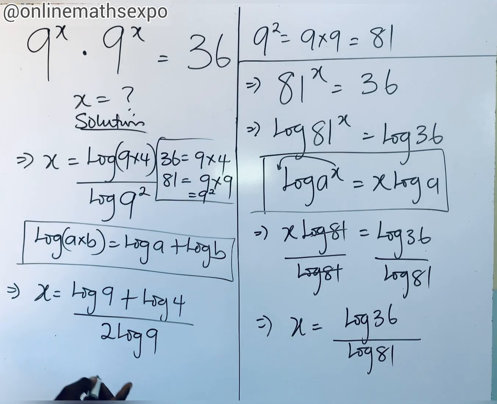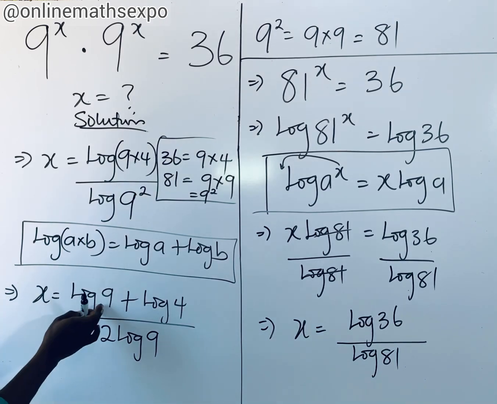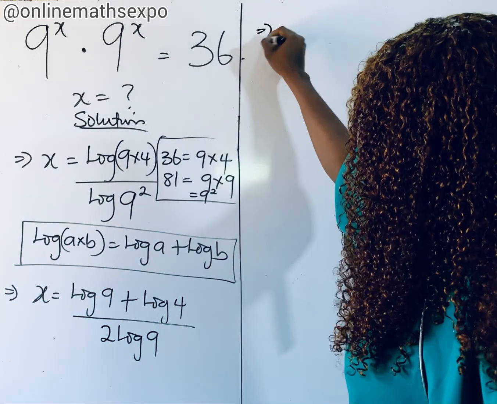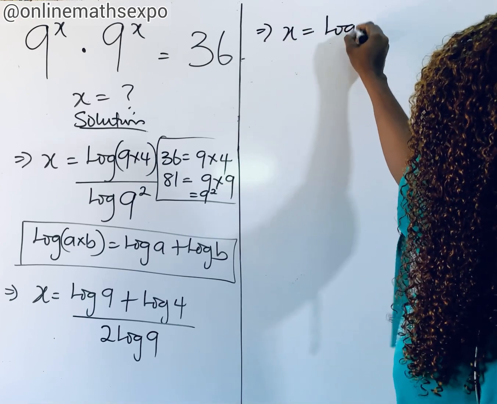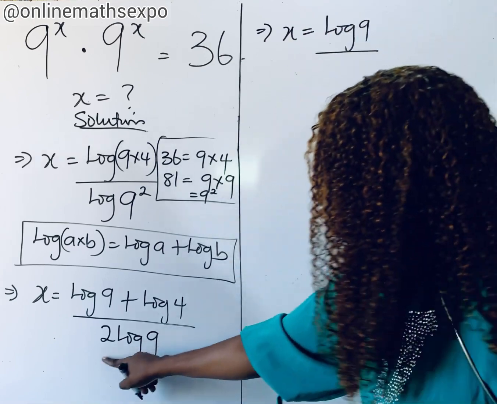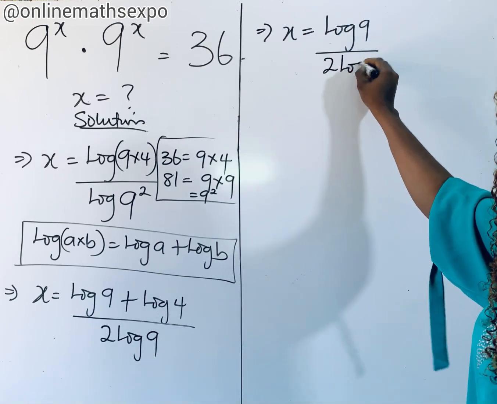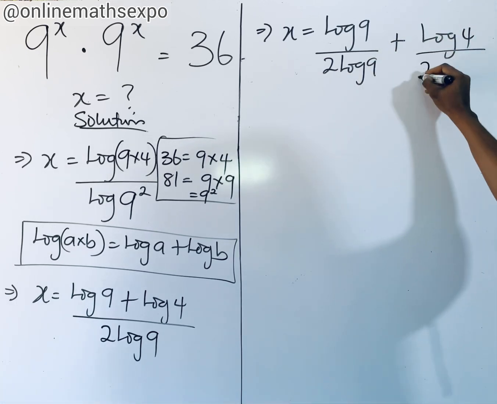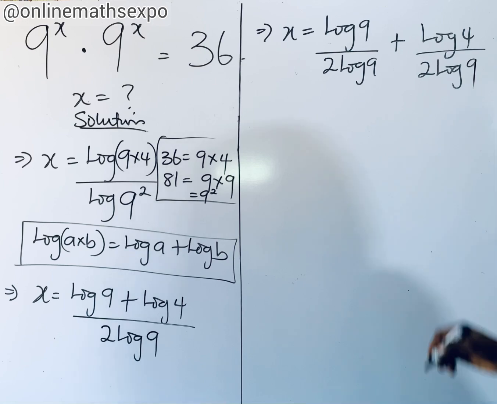Now what do you do again? We can use this to divide each of the numerators, and if you do that, we have x is equal to log of 9 divided by 2 log 9, plus log of 4 divided by 2 log 9.